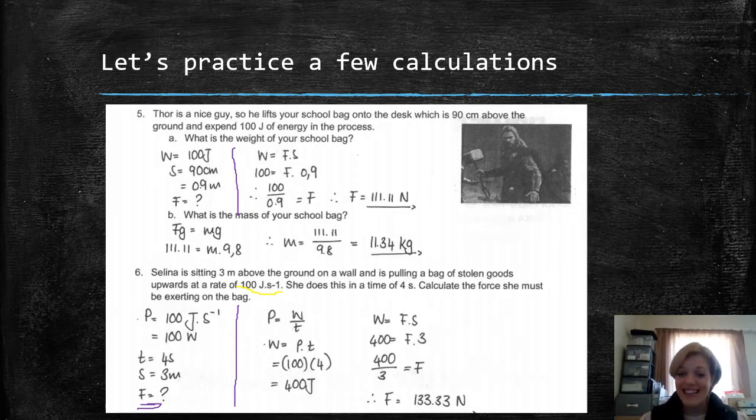So 100 times 4 is going to be 400 joules, because we've already got all that information. So now I have my work done. From that, I can further break it down, and I can say work is equal to force multiplied by distance. So my work is 400. My distance is 3, but I don't have my force. So 400 divided by 3 gives me 133.33 newtons.